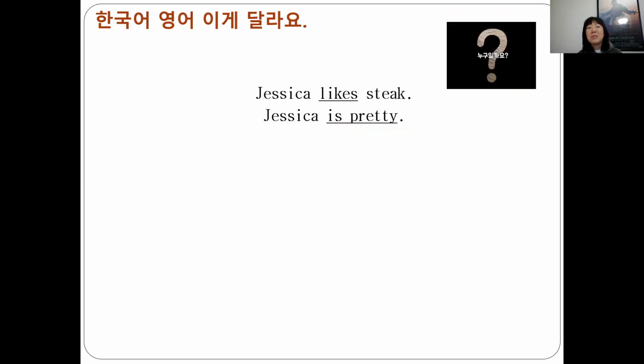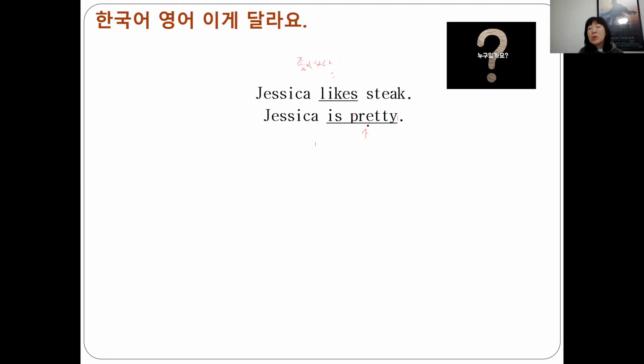자, one more 봅시다. Jessica likes steak. Jessica is pretty. 자, like is a verb입니다. Pretty is an adjective in English. 자, in English, the verb like conjugates to indicate number or tense, like liking, likes, like, right? But in Korean, both verbs and adjectives conjugate 합니다. Like is 좋아하다.